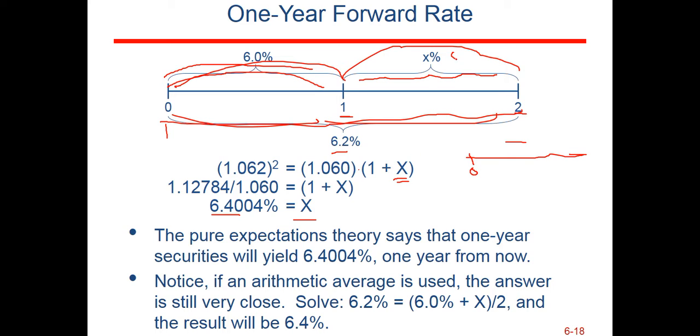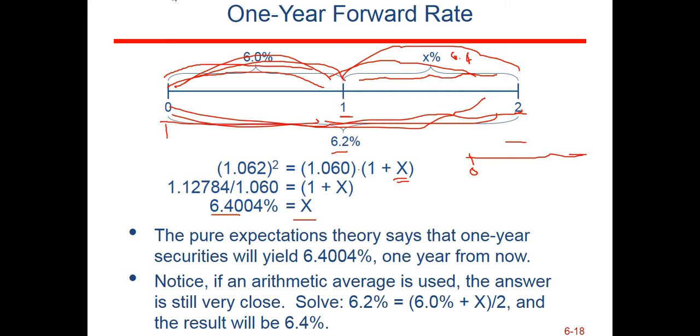And this has to be 6.4 to make sure that the markets are efficient and you are basically not gaining or losing any money, whether you invest in this type of scenario or whether you are investing in this type of scenario. That is pretty much the idea behind the forward rates.